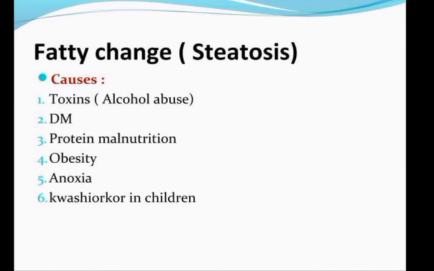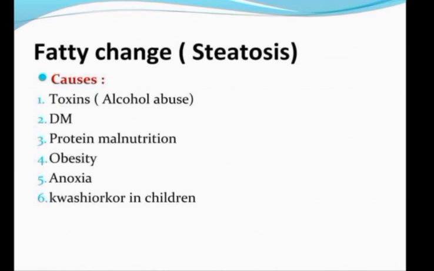There are two types of cell injury: one is reversible and the other is irreversible. Reversible means it takes a short period of time and it can be reversed. In irreversible injury, there is continuous blockage and continuous cell injury.